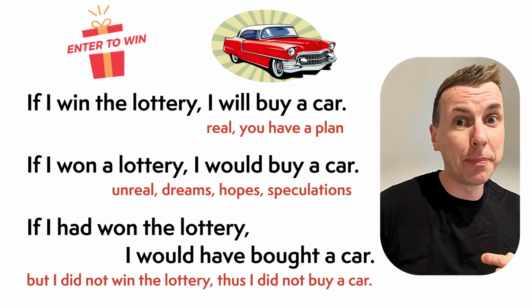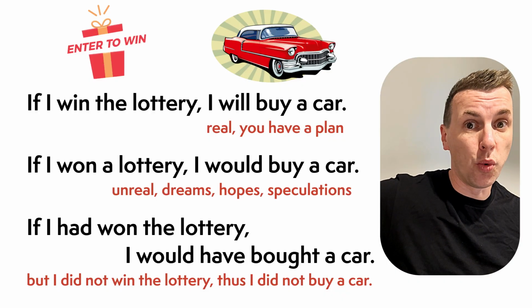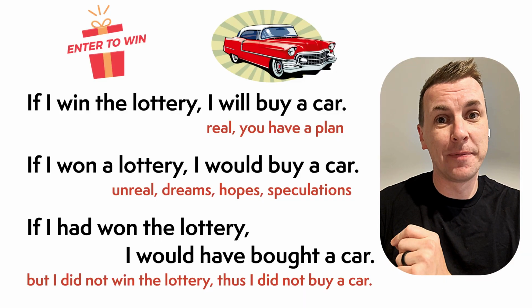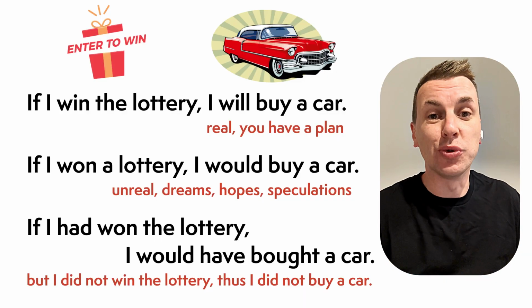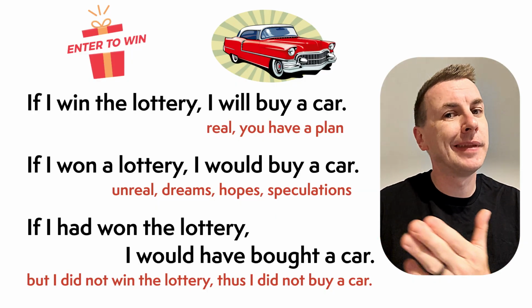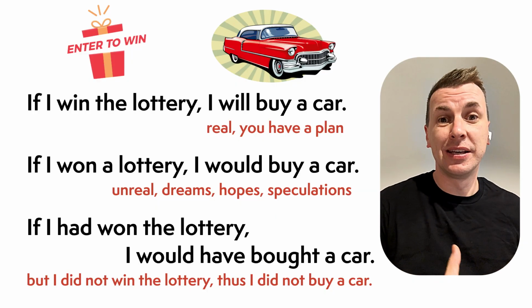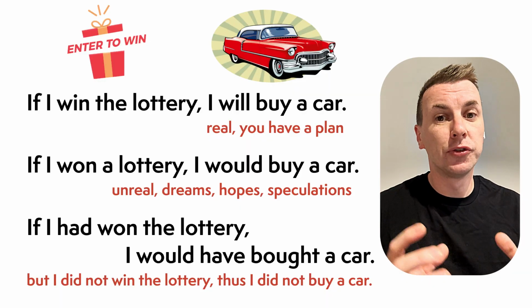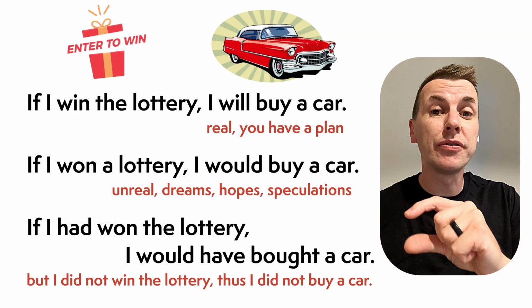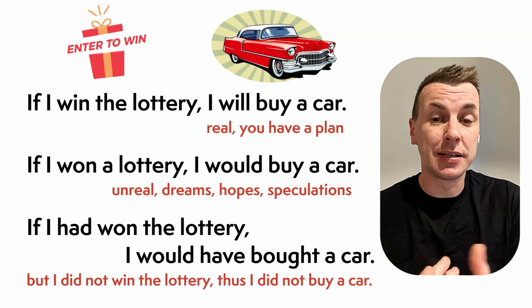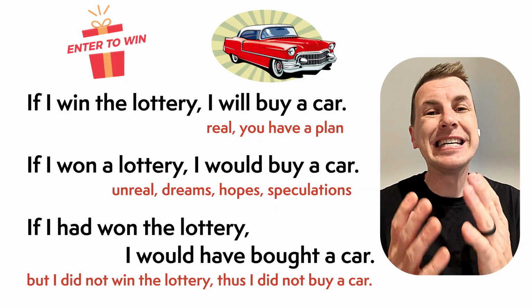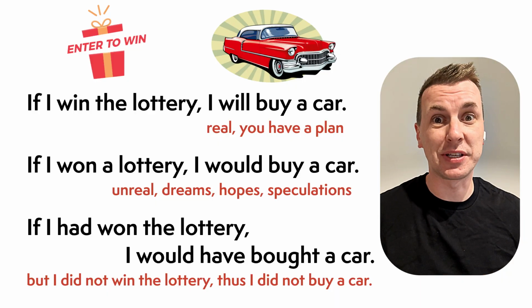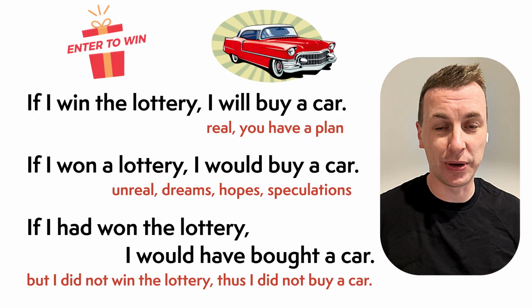I knew I had a plan that if I had won that lottery, I would have executed my plan. But I didn't win the lottery, so I didn't buy a car. Okay? So technically, whatever you state in conditional 3 did not happen. And it's impossible to change it anymore. Okay?